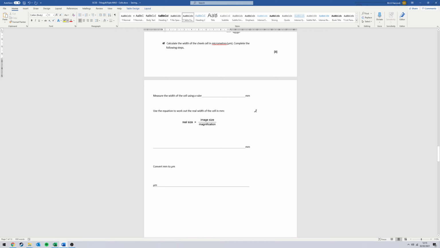Calculate the width of the cheek cell in micrometers. Complete the following steps. Measure the width of the cell using a ruler in millimeters. Use the equation to work out the real width of the cell in millimeters. There's your equation. Convert your millimeters to micrometers.